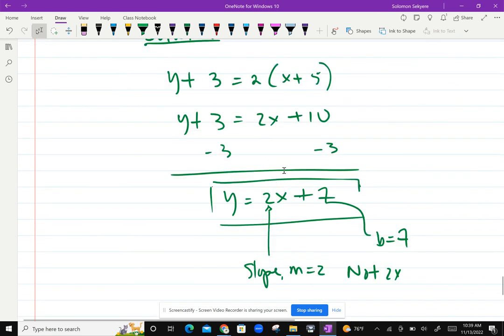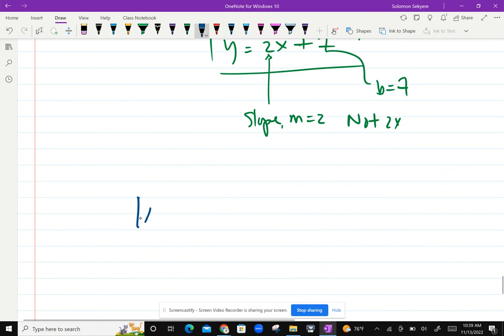You can go to IXL, Algebra 1, T12, and do further exercises. Keep on practicing, and all things being equal, you shall bloom.